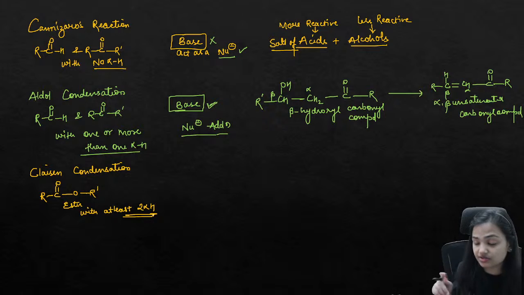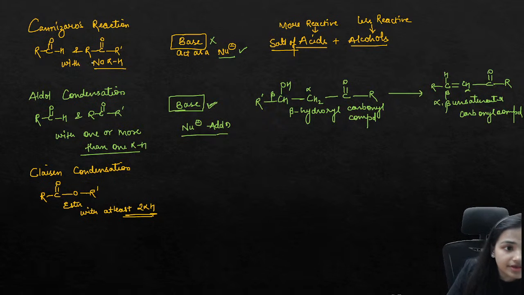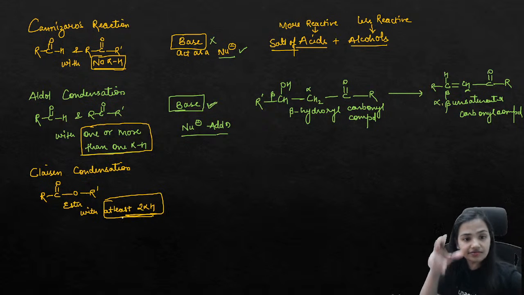If you do not have 2 alpha hydrogens, it will not form the stable product. Here we have no alpha hydrogen, there one or more than one alpha hydrogen, and here at least 2 alpha hydrogens. This is the difference.